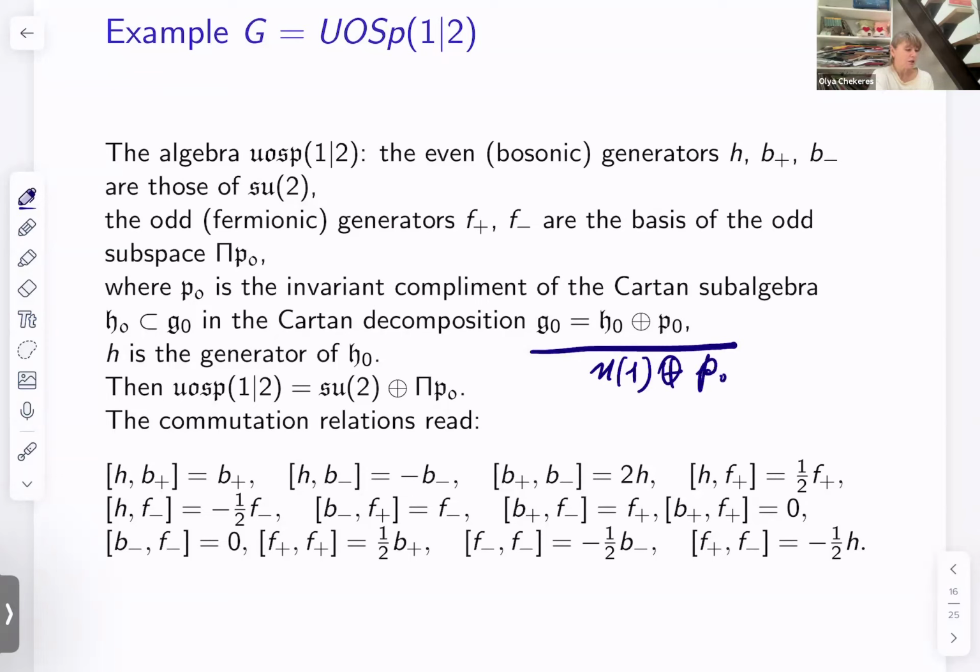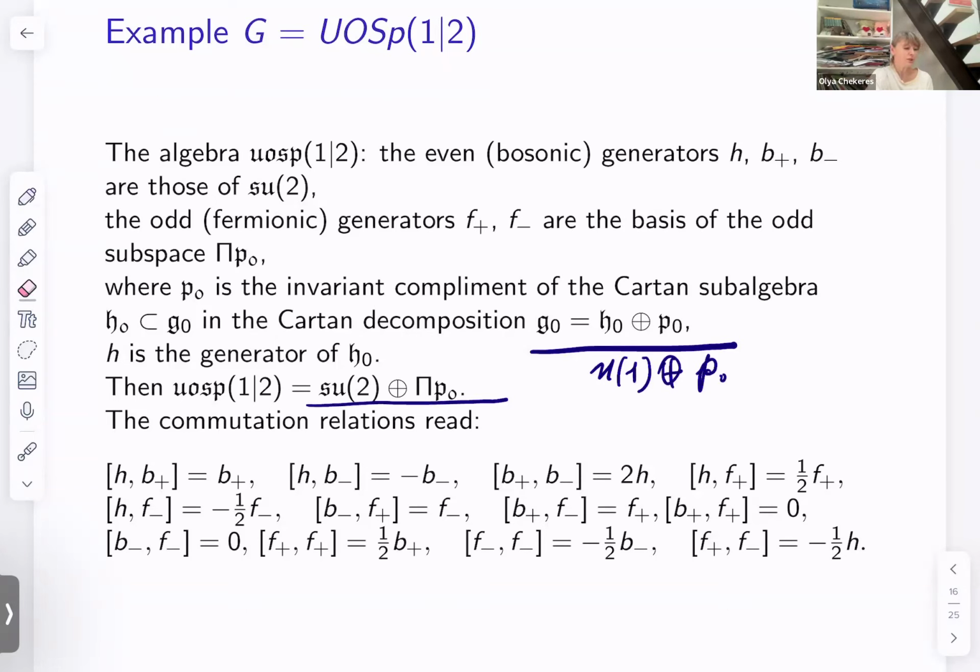And the algebra UOSP(1,2) corresponds to SU2, and then the direct sum with the P0 with shifted parity.